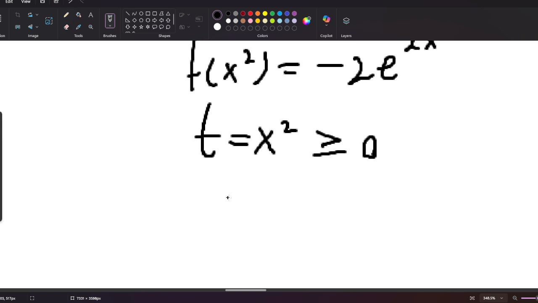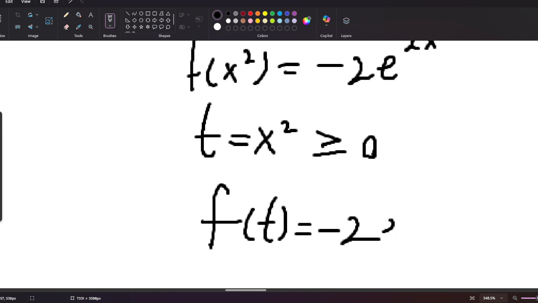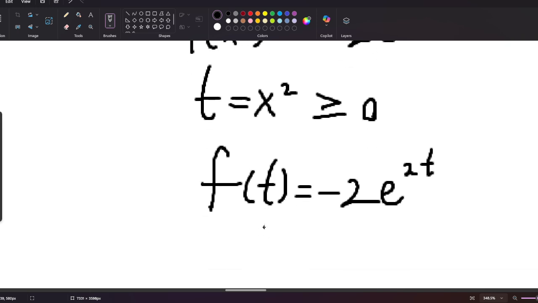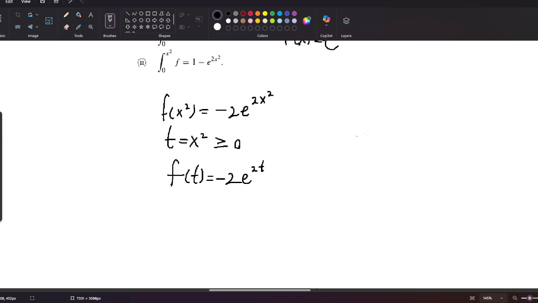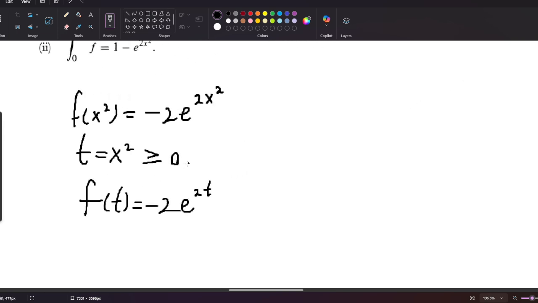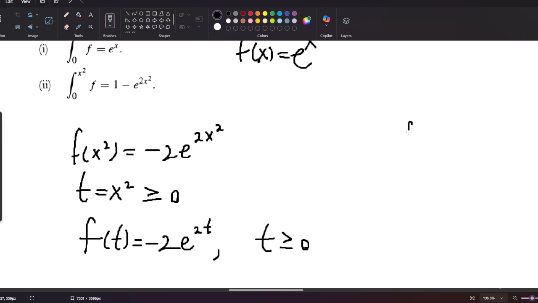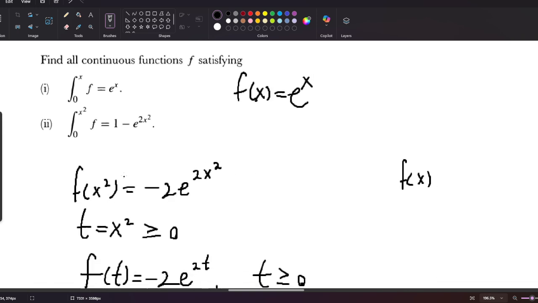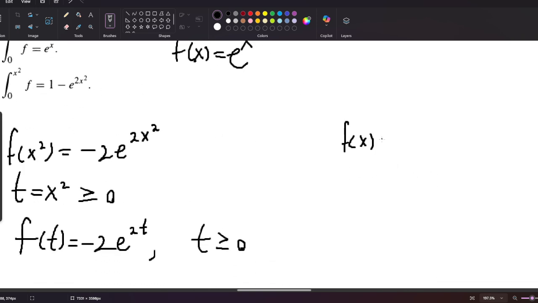And that would mean that f of t is equal to negative 2 times e to the power of 2t. Cool. Now, this is, again, defined only for t greater than or equal to 0. So let's finally have a proper definition for f of x on the set of all real numbers.